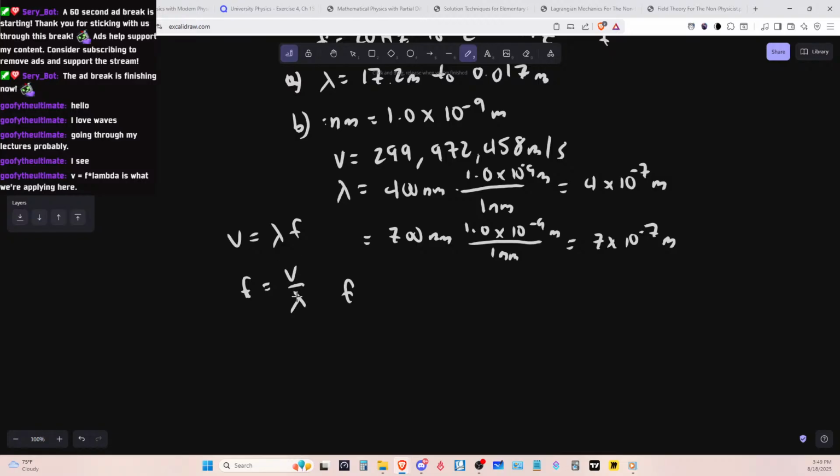Okay, so now we'll take the speed of light, with the frequency of, we'll round it up to 5.5, 7.5 hertz.